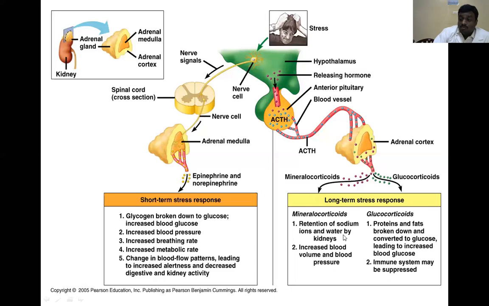Due to excess water reabsorption, blood volume and BP increase. With glucocorticoids, protein and fat breakdown take place, leading to increased blood glucose concentration, and the immune system may also be suppressed. So these are all stress problems we get when excess of these stress hormones is present in the blood.